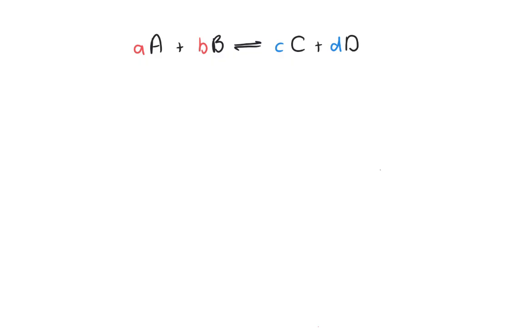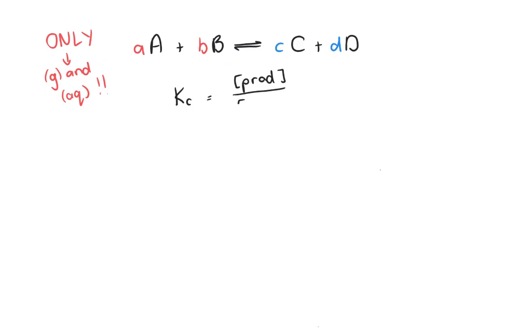So let's say I have this equation over here and I want to calculate the Kc. Your Kc is the concentration of your products over the concentration of your reactants with powers from the coefficients over here.